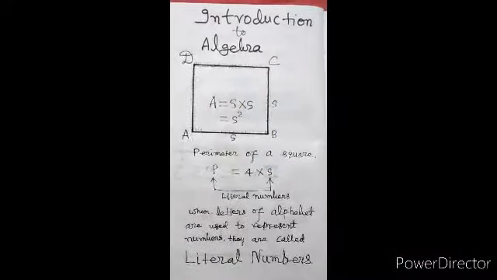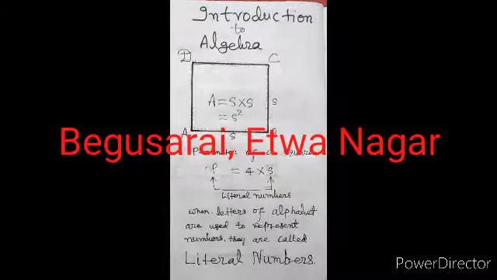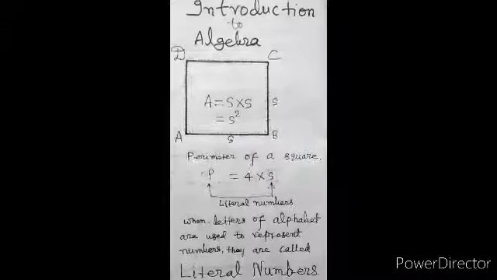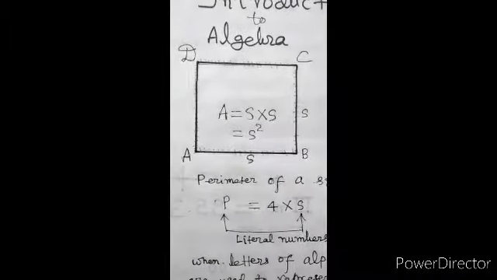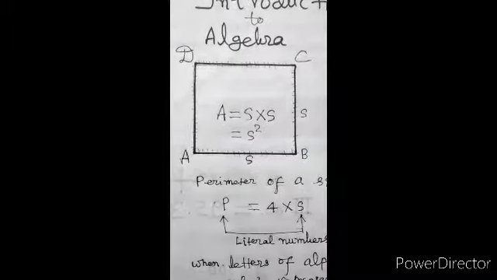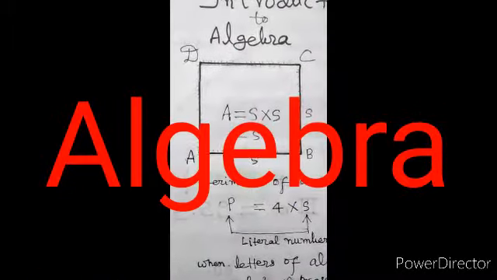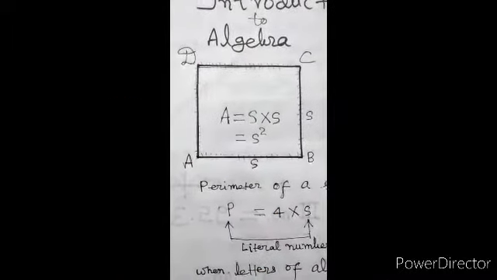Here I am going to explain about introduction to algebra for the students of standard 6th. Here ABCD is given, which is a closed figure. It is surrounded by 4 line segments.